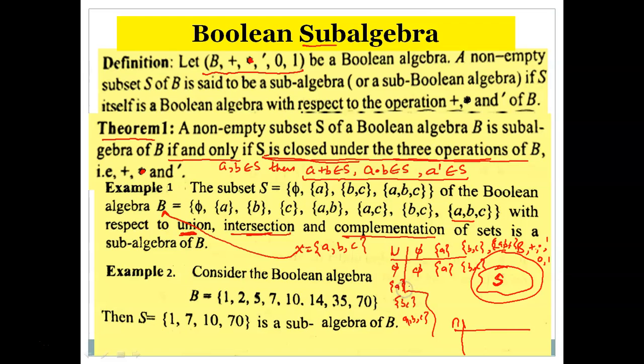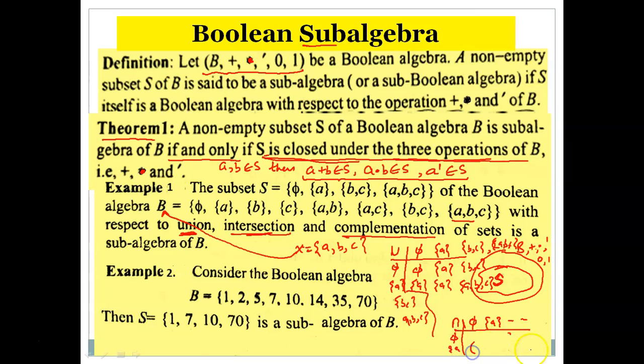Now here again, if you take union of A with phi, then here we'll have singleton A, and A union A is A. It becomes A, B, and C, etc. So in this way, if you construct this composition table, you will observe that all elements in this table are elements of S itself.